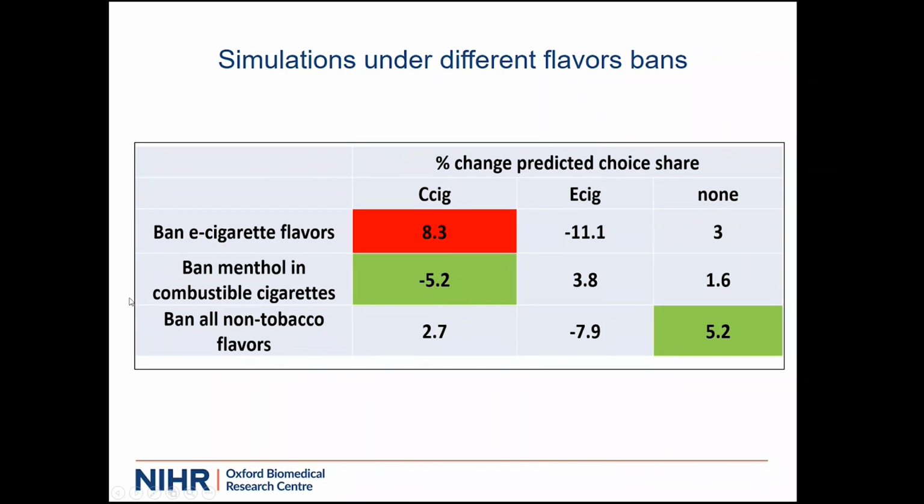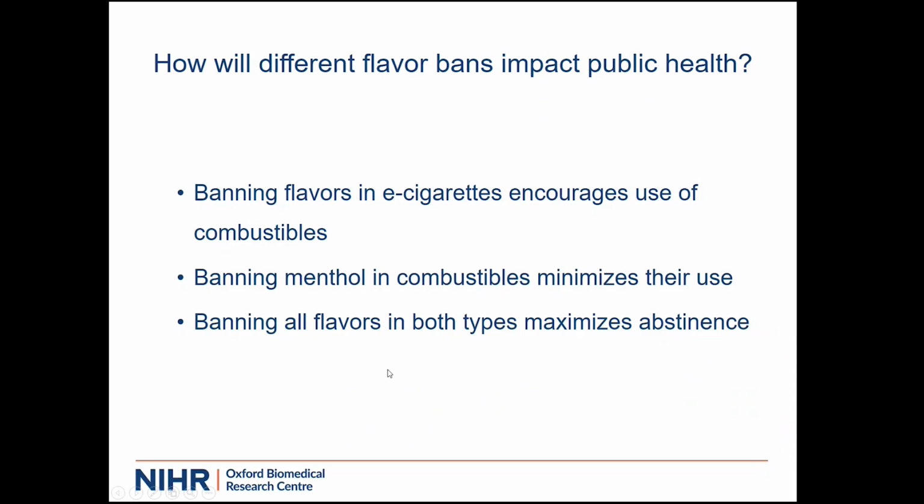What else could we do? We could ban all non-tobacco flavors across all products. So menthol cigarettes I could ban, and menthol and fruit e-cigarettes could also be banned. What happens there? Seeing a move away from e-cigarettes, a slight increase in combustible cigarettes, but a move away from both products as well. So potentially another good policy.